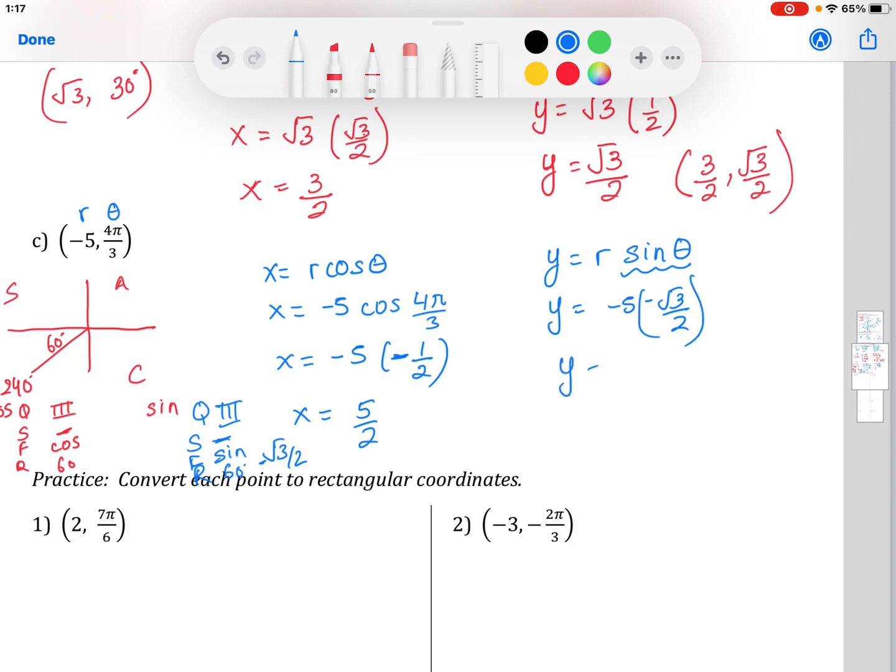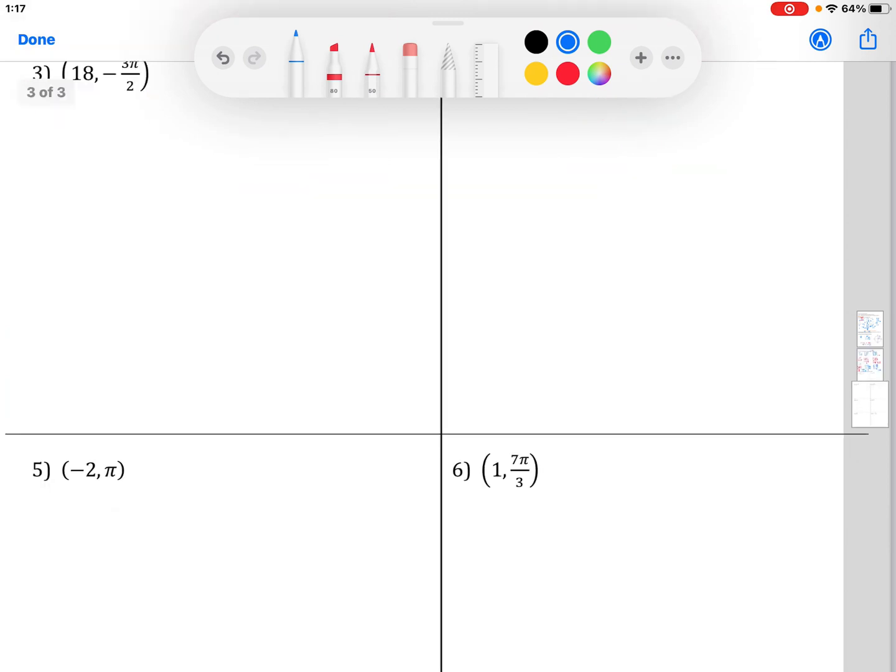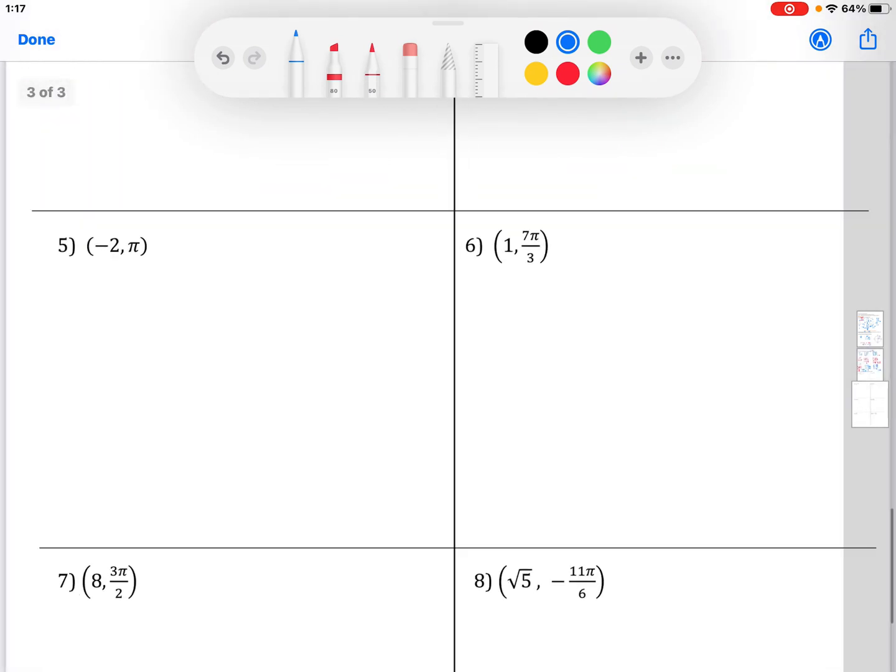Didn't write the negative here. And my r was -5, which would be 5 rad 3 over 2. So am I done here? No, I have to write it as one point. So it's going to be 5/2 as the x coordinate and then 5 rad 3 over 2. So this is how you convert from polar coordinates to rectangular coordinates.